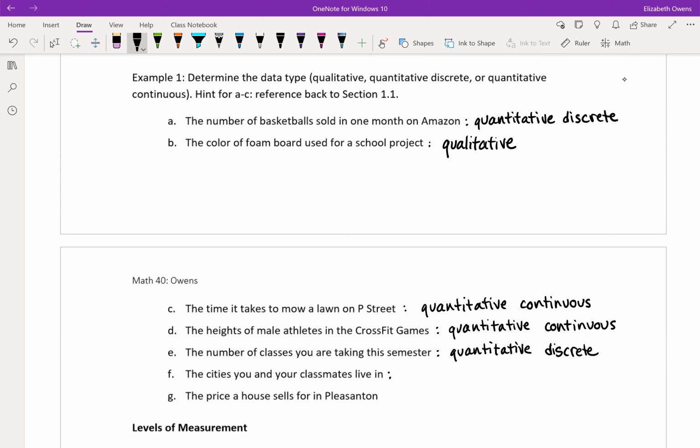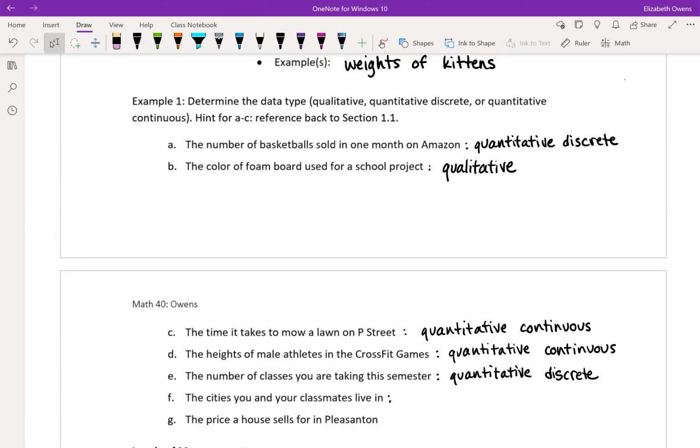Okay, next, the cities you and your classmates live in. Well, how we would be collecting that data is the different cities. Maybe you live in Livermore, maybe you live in Tracy or Manteca or Fremont or heck, even out of state since we're online right now.